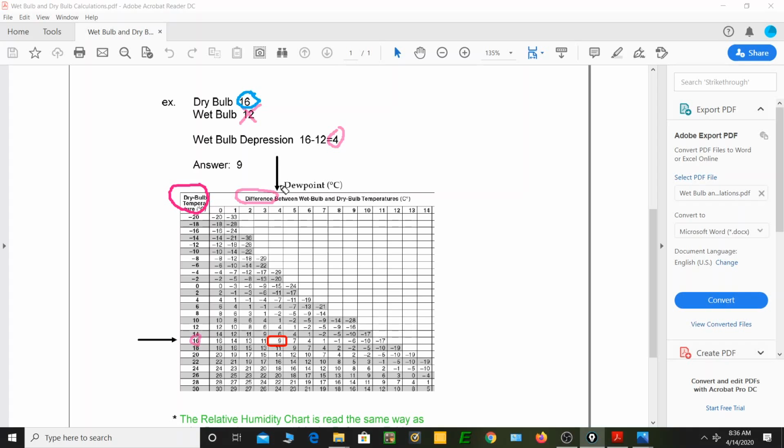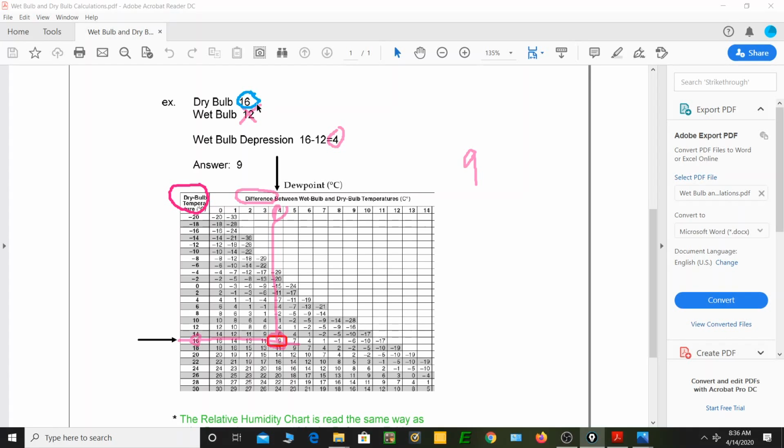This is the difference, so you have to subtract these two. So you take your dry bulb, go to 16, read across, go to the wet bulb depression, which is 4, find it up here, and wherever they meet, that's your answer. So your dew point is 9. That's the temperature at which the air is saturated, and that's when we'll have rain.